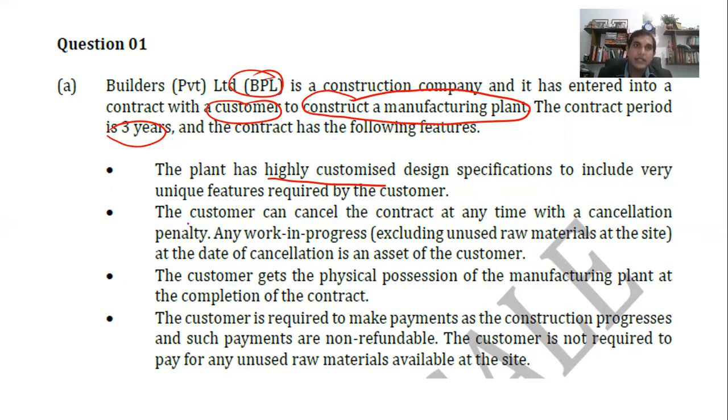Second bullet point: the customer can cancel the contract at any time with a cancellation penalty.